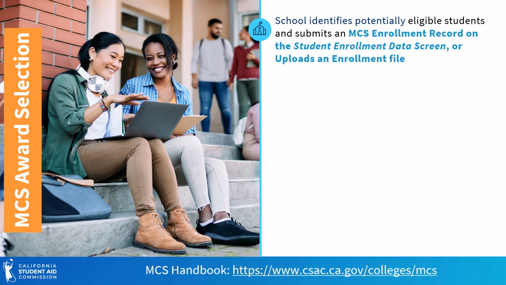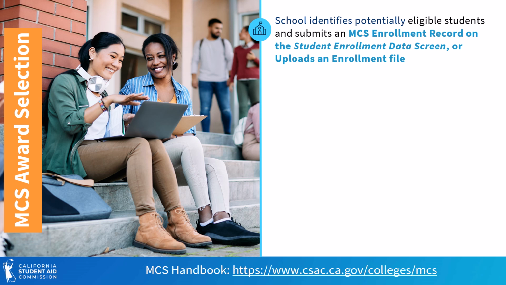Like the E2 Transfer Entitlement Cal Grant program, students enrolled in bachelor degree programs at community colleges are not automatically considered for MCS awards. Instead, campuses will need to work with CSAC to manually process those applications.